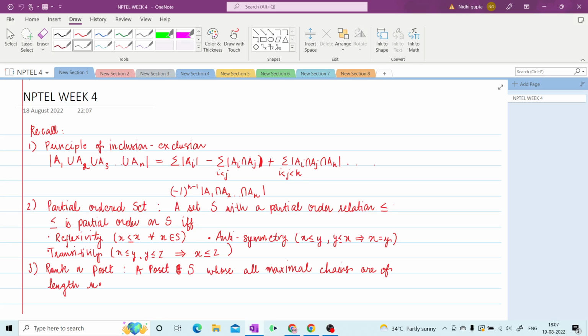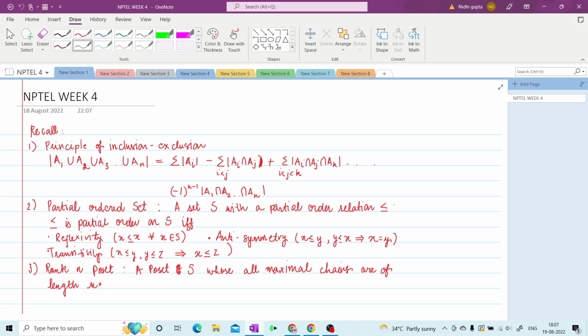The first was the principle of inclusion exclusion. Basically, if you have some sets and you are supposed to count the elements, and those sets are not disjoint, they may have some intersection. The principle of inclusion exclusion gives you a way to calculate that.